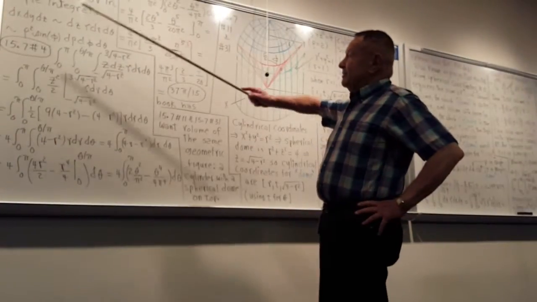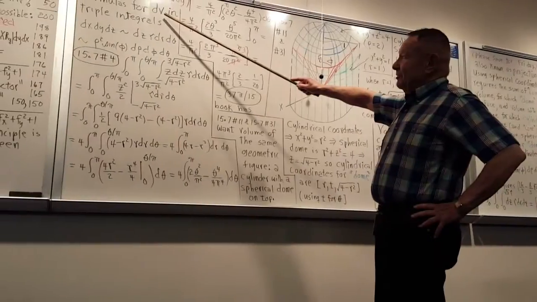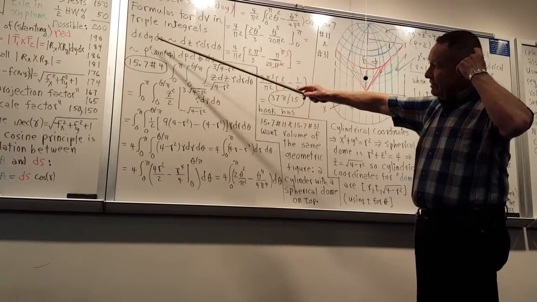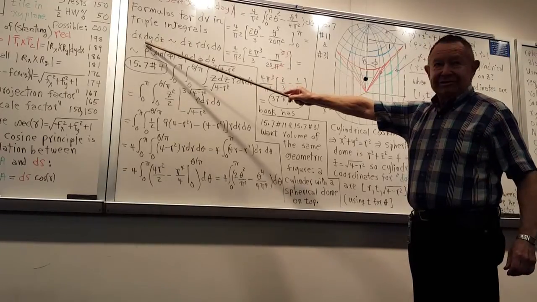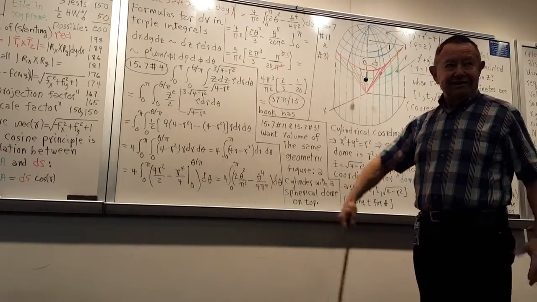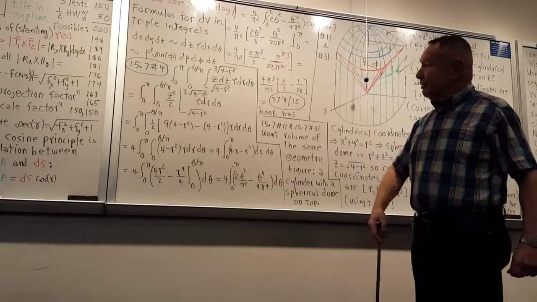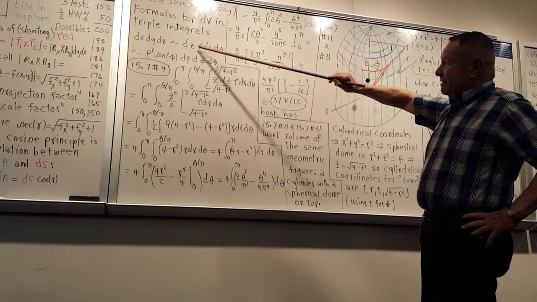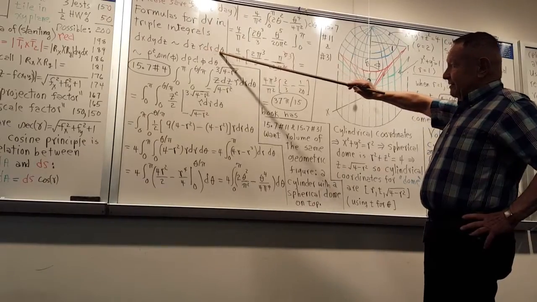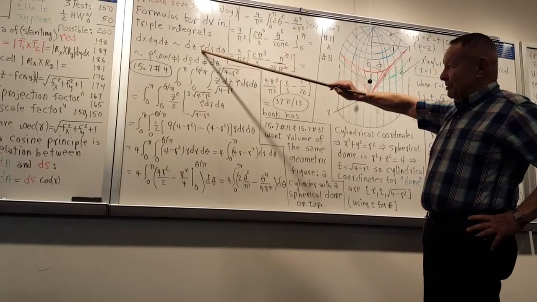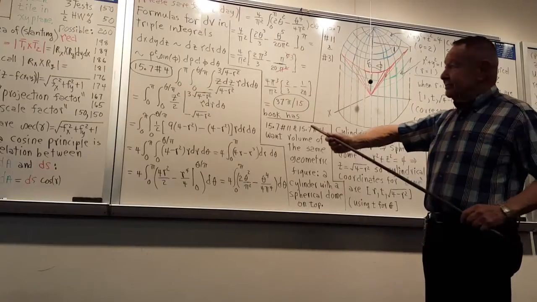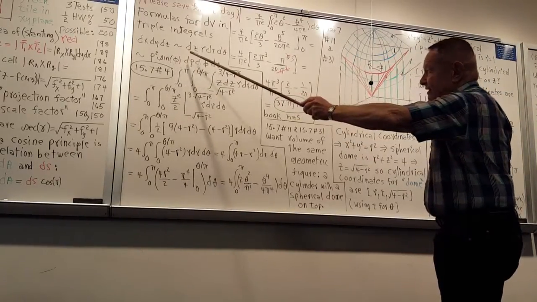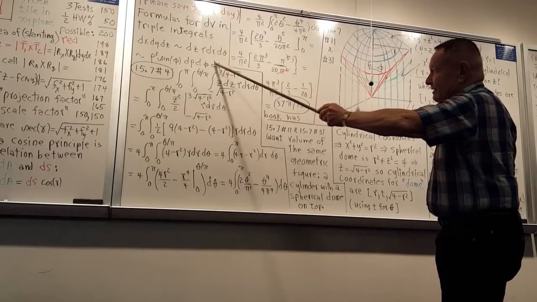We talked about this a week or so ago, the formula for the differential volume in triple integrals. If it's Cartesian, it is dx, dy, dz in one of the 6 possible orders. And that becomes dz, r, dr, d theta in some order if you're in cylindrical coordinates, and becomes rho squared sine phi, d rho, d phi, d theta.